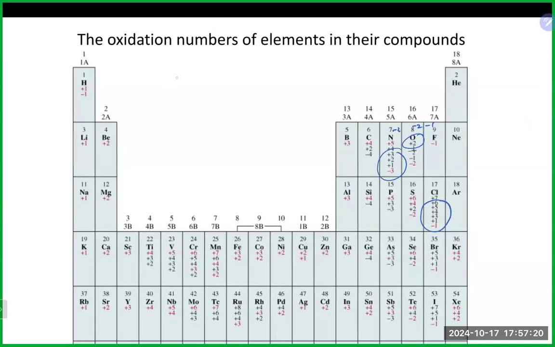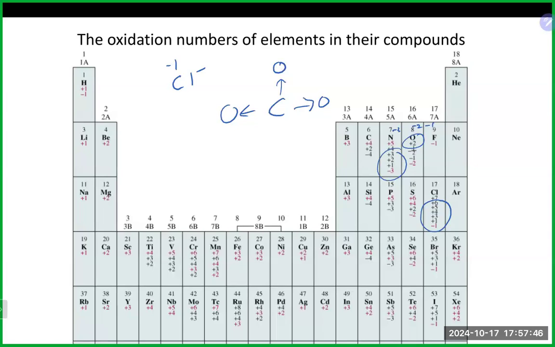Again, if you have chloride in an ionic compound, its oxidation state is going to be -1. But if you have chlorine that's attached to some other things, like some oxygens, because of the difference in electronegativity, the other elements may pull the electrons away from the chlorine, and that's going to cause chlorine to become more and more positive, right?